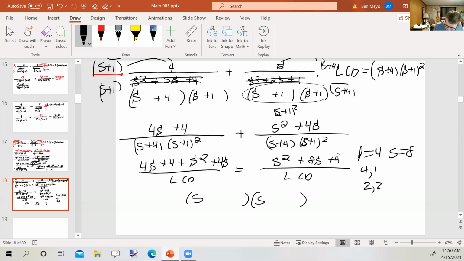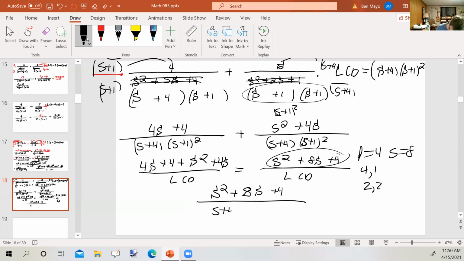So this doesn't factor any further. So our final answer is going to be s squared plus 8s plus 4 over s plus 4 times s plus 1, the quantity squared.